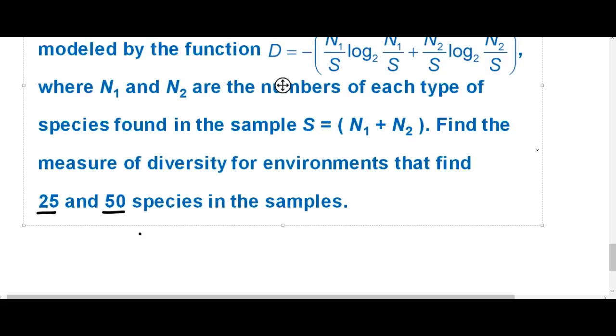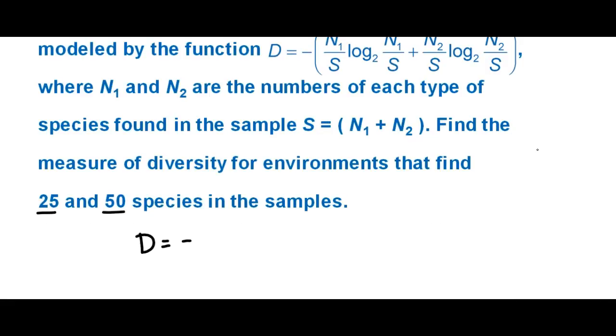So d equals negative n1, which is 25 over what is the total number of species. So the sum of n1 and n2 would be 75, 25 plus 50, times log base 2 of n1 over s.